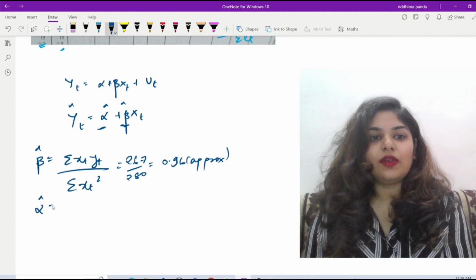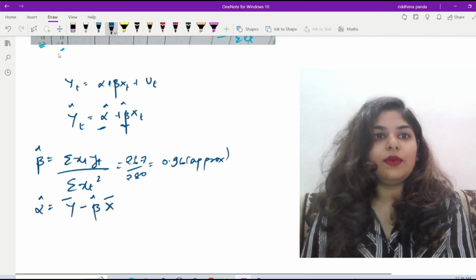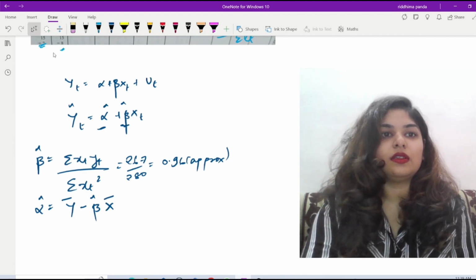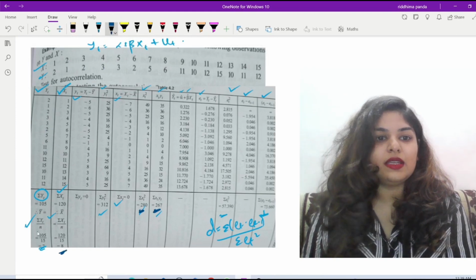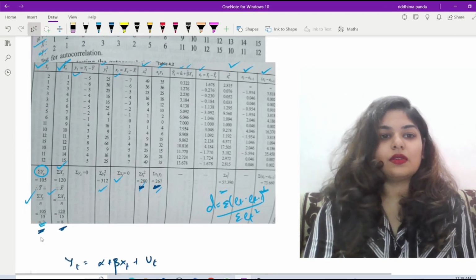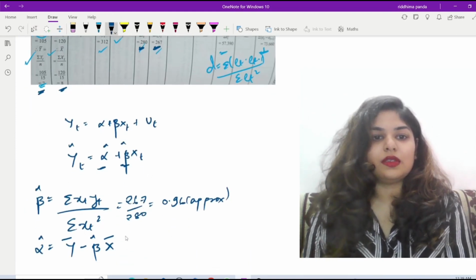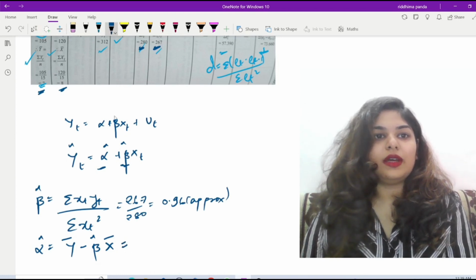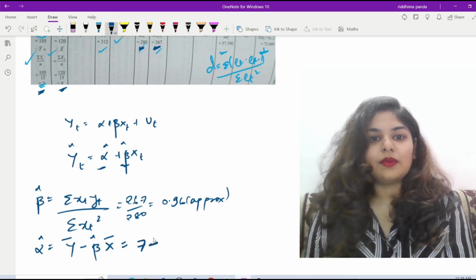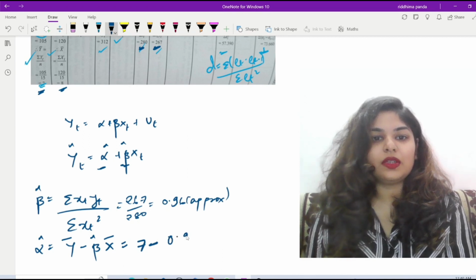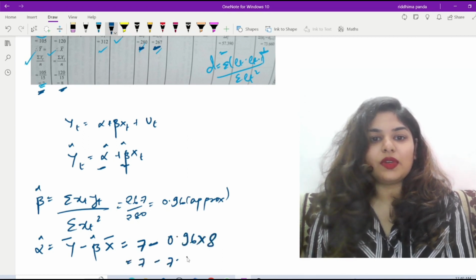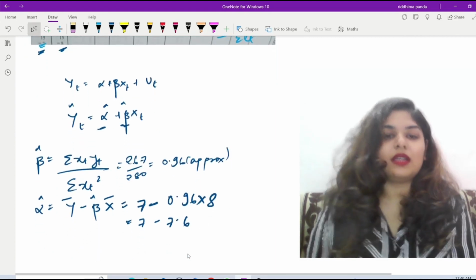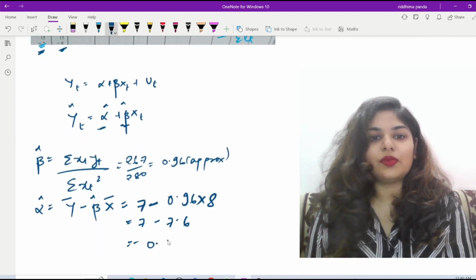Next is alpha hat. We know alpha hat equals y bar minus beta hat x bar. Y bar and x bar are also calculated in the table: x bar is 8 and y bar is 7. So alpha hat is 7 minus 0.96 into 8, which is 7 minus 7.6, approximately minus 0.6.